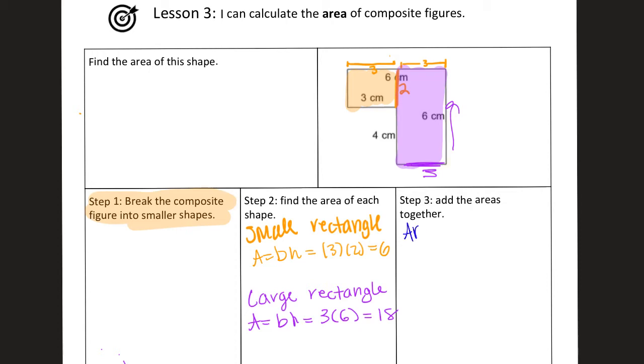Then my area for the whole thing is this small rectangle plus the large rectangle. Okay, my small rectangle had an area of 6. My large rectangle had an area of 18. And 6 plus 18 is 24. And that is square centimeters for our unit.